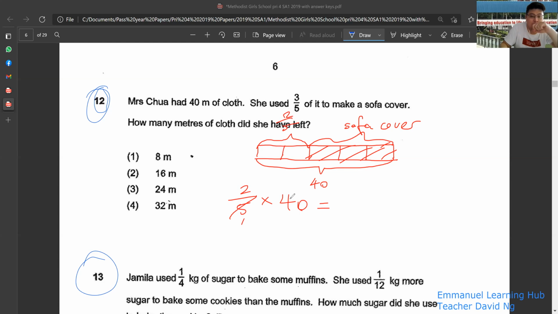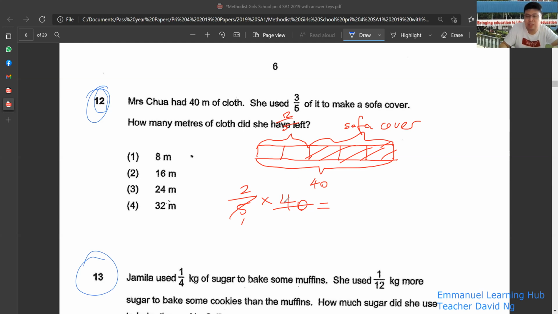So 5 becomes 1. How did 5 become 1? 5 divided by 5 becomes 1. Since it's divided by 5, 40 must also be divided by 5. So 40 divided by 5 will give you?